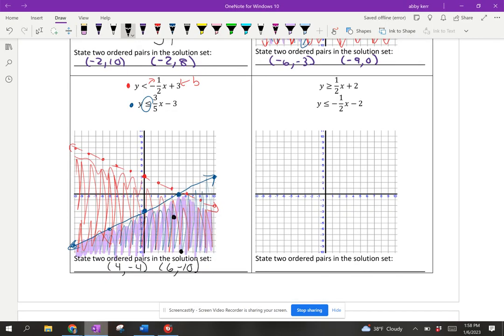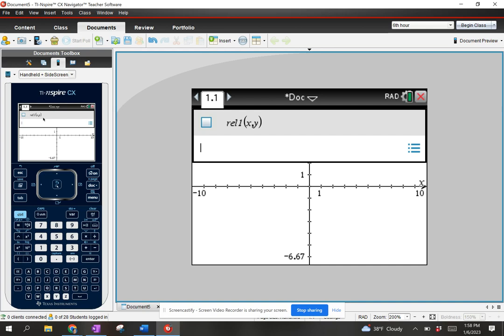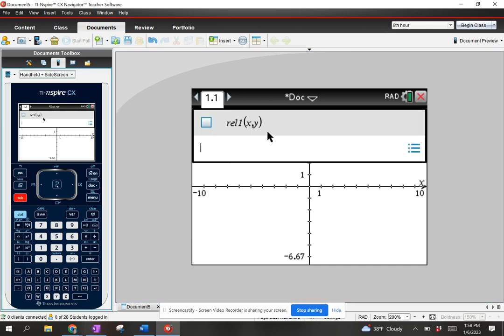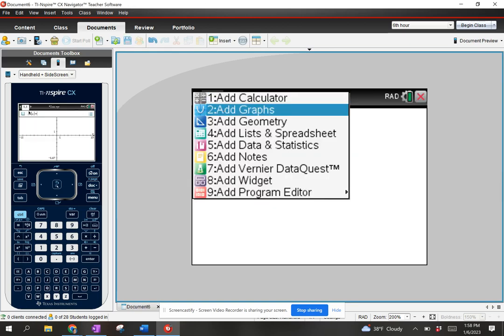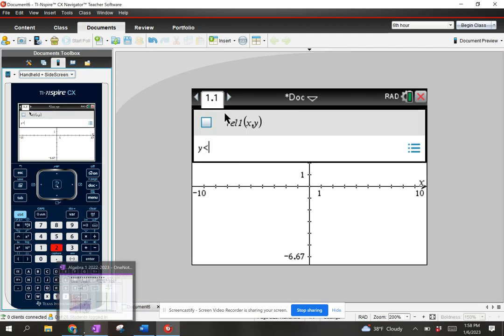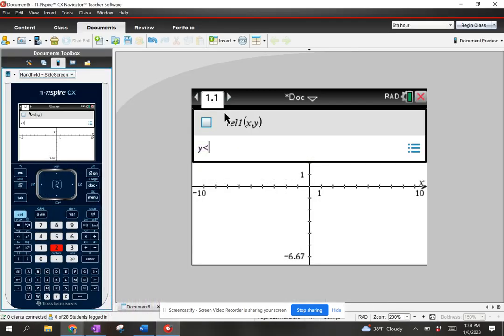My first inequality is less than. So hit the delete, and then we are going to do number 2. And that's -1 over 2x plus 3.